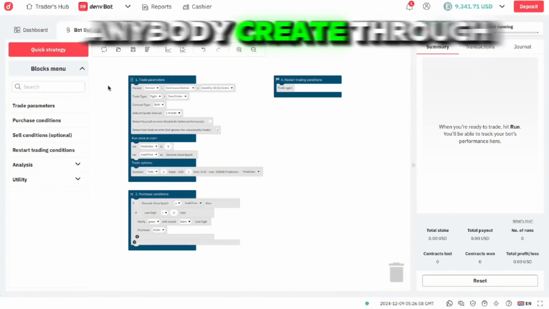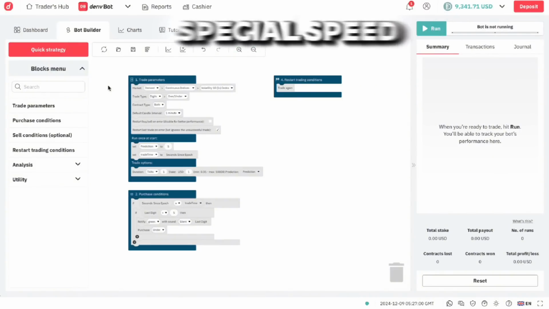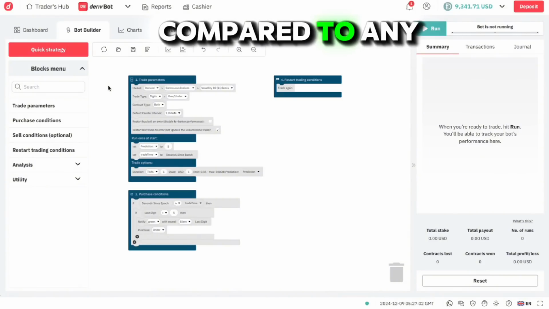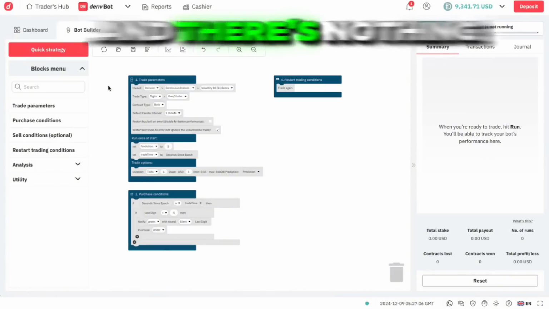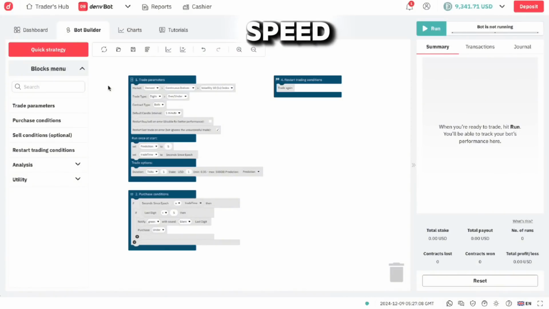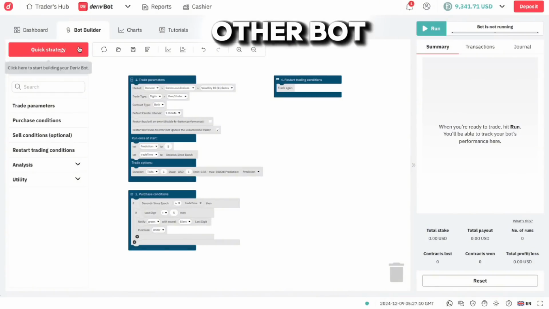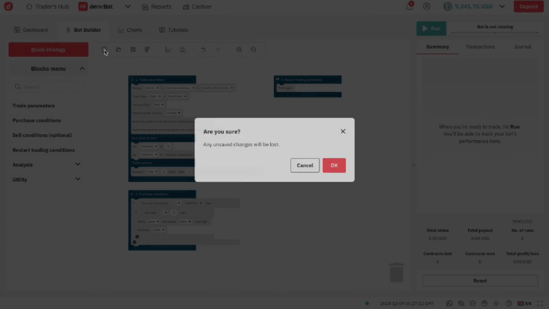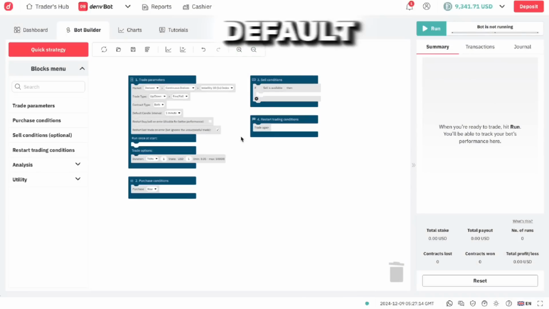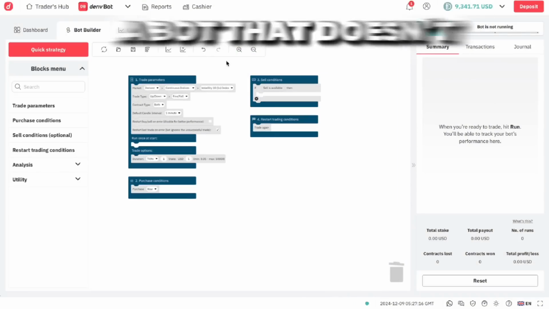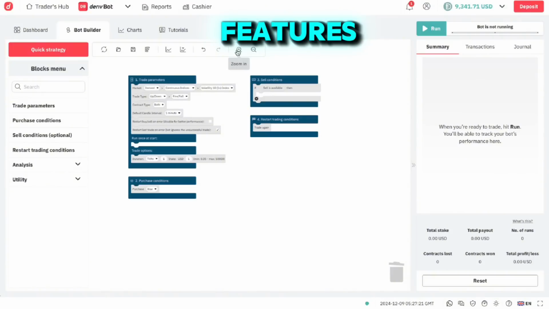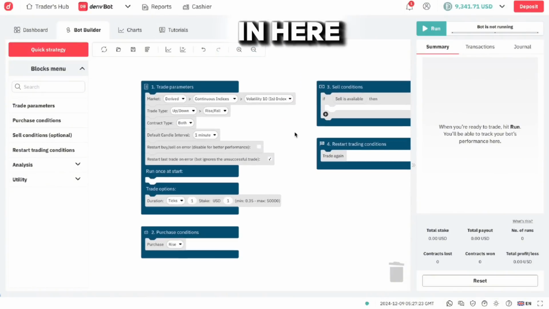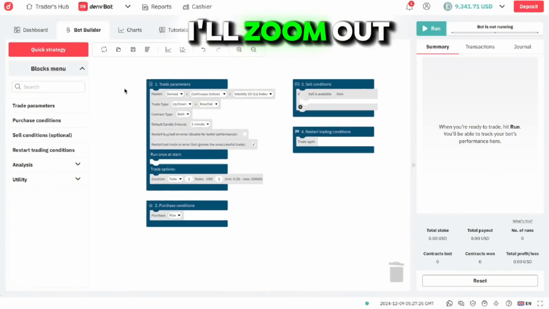Any bot you create through here doesn't have any special speed compared to any other bot. There's nothing they add on it that increases speed or makes it faster than any other bot. So for example, if you need to reset to the default, this is a default Deriv bot, a bot that doesn't have martingale, only has the default features. I can just zoom in here or zoom out.